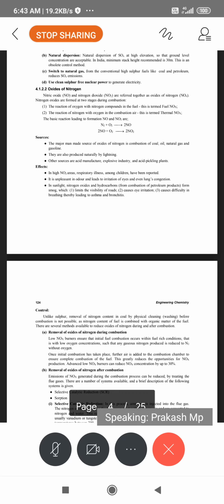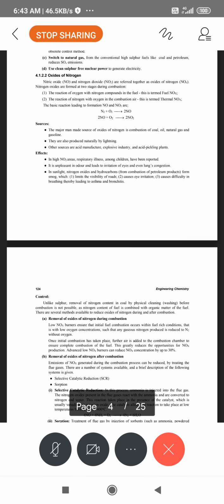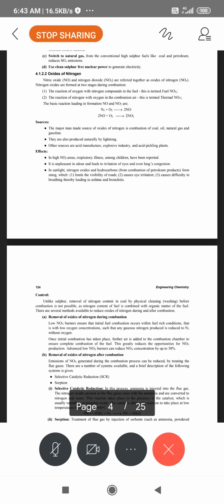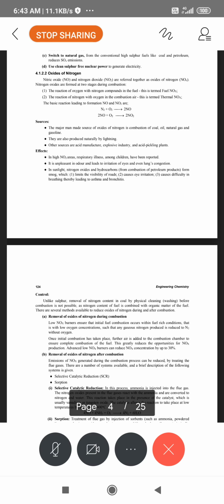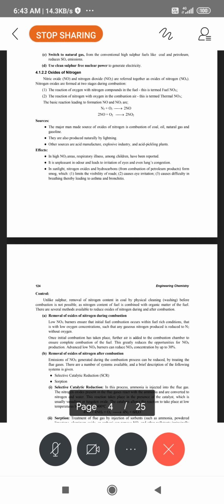When it forms oxides of nitrogen, nitrogen reacts with oxygen, forming nitric oxide. Nitric oxide reacts with oxygen, forming nitrogen dioxide. Nitrogen dioxide reacts to form nitrogen trioxide, which reacts with hydrogen present in the atmosphere, forming nitric acid.